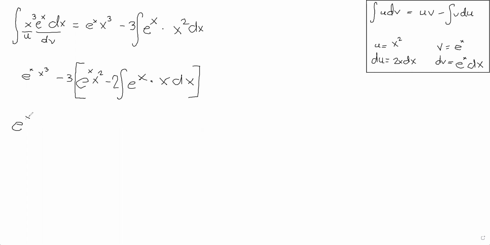So we're going to have e to the x times x cubed minus 3 times e to the x times x squared. And then when I distribute the negative 3 to the integral, we're going to have a plus 6 on the outside, when we distribute that negative 3 to the negative 2. So we're going to have plus 6 times whatever that integral happens to be. And then I'm going to put the x first, x times e to the x dx.